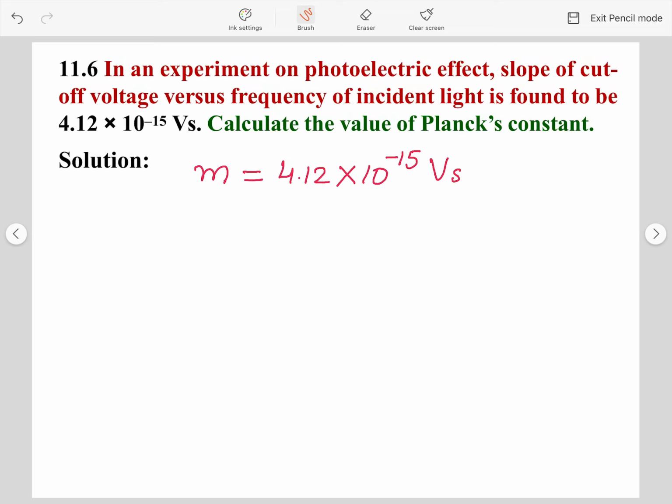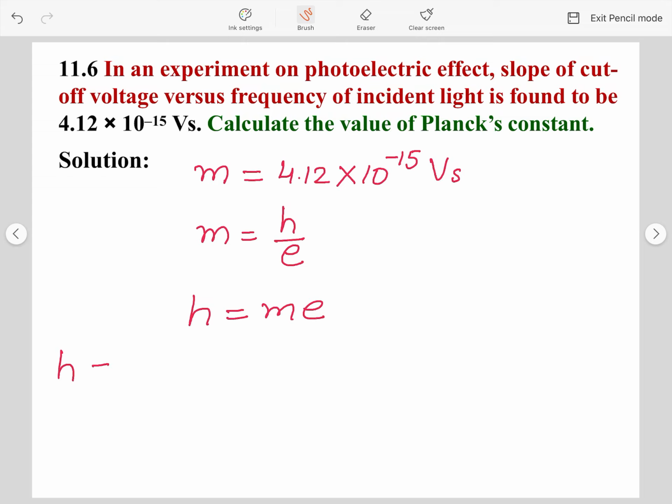Okay, my dear students, here in this question slope m is given by h upon e. So m is given, h is Planck's constant and e is the charge of electron. So we can find here h is equal to m into e, and in this question we have to calculate the value of Planck's constant.